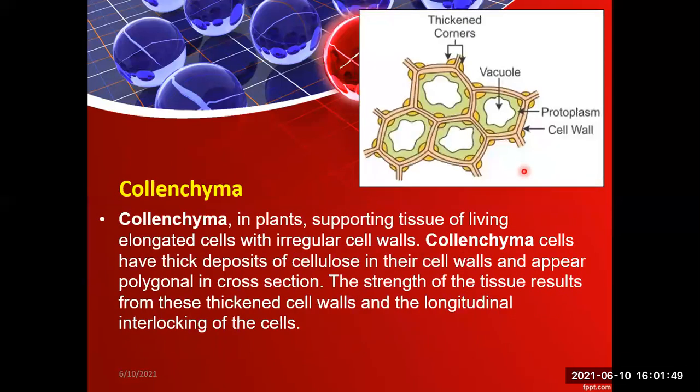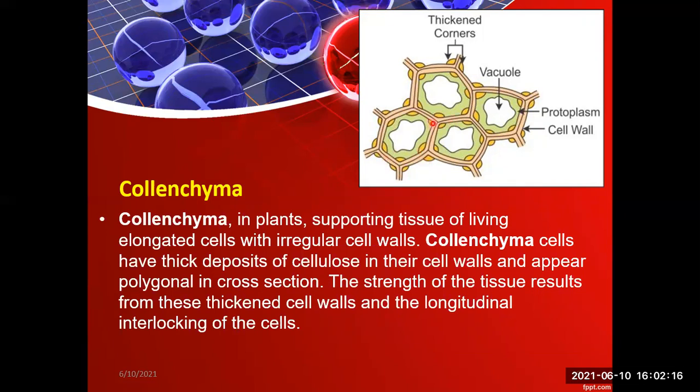The collenchyma tissue. Collenchyma in plants is a supporting tissue of living elongated cells with irregular cell walls. Collenchyma cells have thick deposits of cellulose in their cell walls and appear polygonal in cross section. The collenchyma cells are not rounded or oblong, but polygonal.